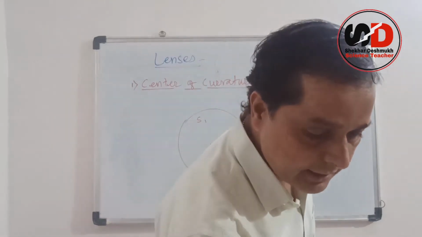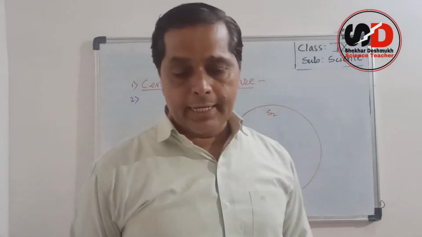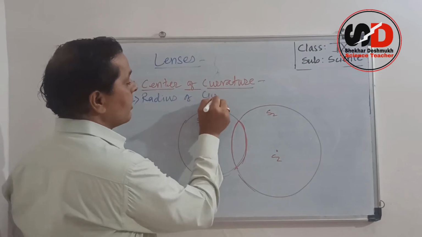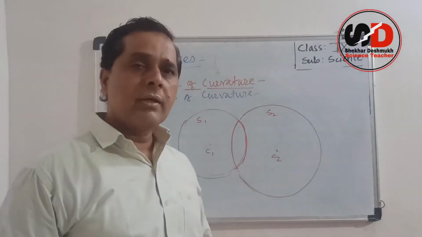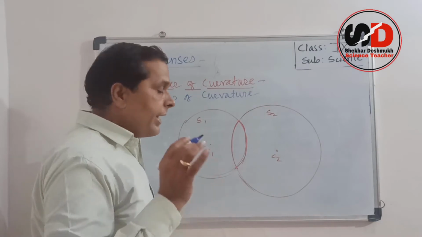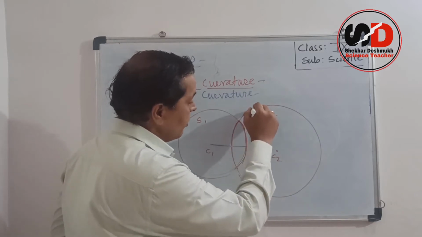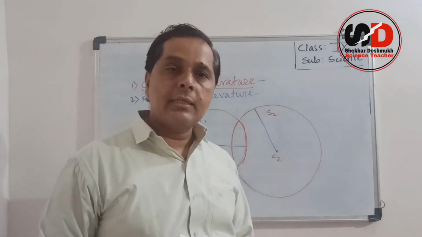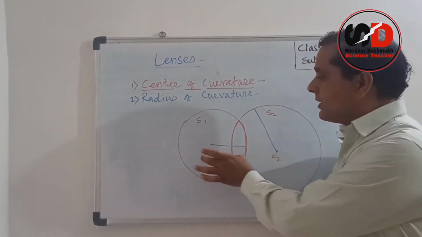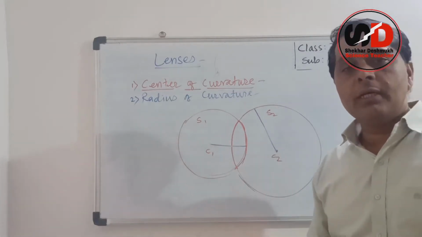The second is radius of curvature. As simple as the name says, it is nothing but the radius of the spheres whose parts form the surfaces of the lens.